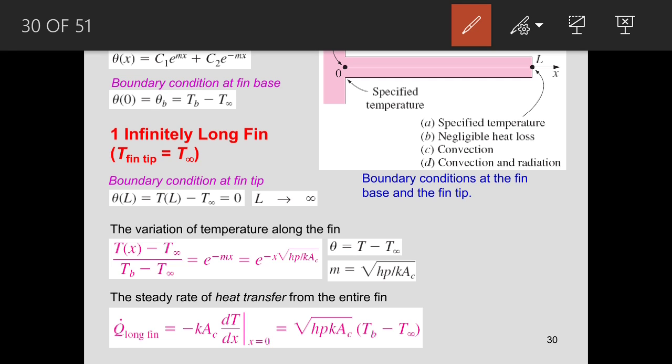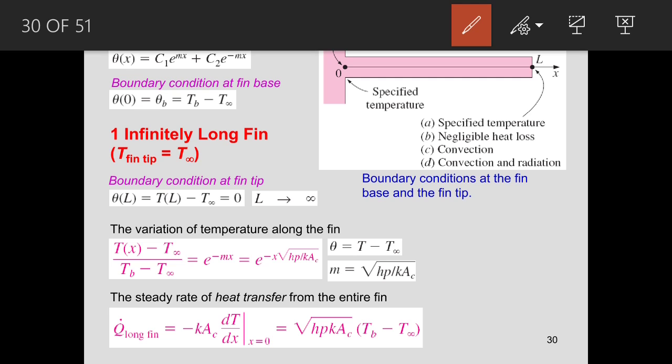From that we can find the steady rate of heat transfer from the entire fin: Q long is equal to minus kAc dT by dx at x equal to 0. If you substitute the values, we get the square root of hP kAc, in brackets, multiplied by Tb minus T infinity.